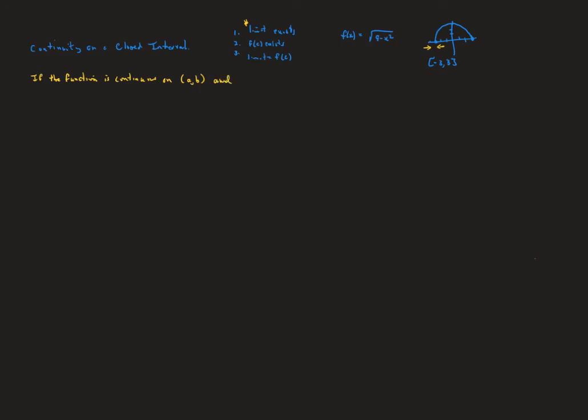And then we talk about continuity at the endpoints by saying if the limit as x approaches that left endpoint A from the right, so we don't worry about trying to come in from the left, if that limit is equal to f of A, and then we do that at the right endpoint by saying if the limit as x approaches B from the left is equal to f of B, then f is continuous on the closed interval from A to B.